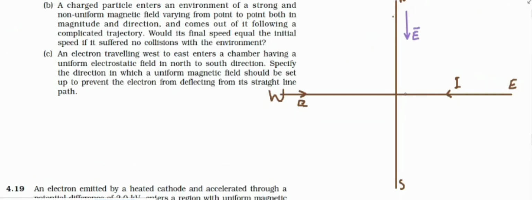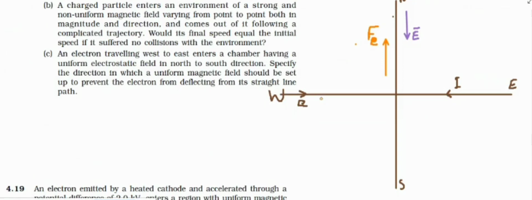So the electron experiences a force opposite to the direction of the electric field. So Fe, the force on the electron due to the electric field, is towards north.